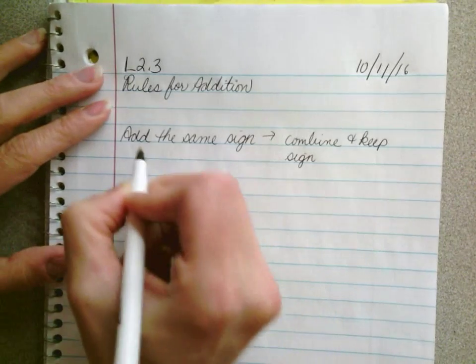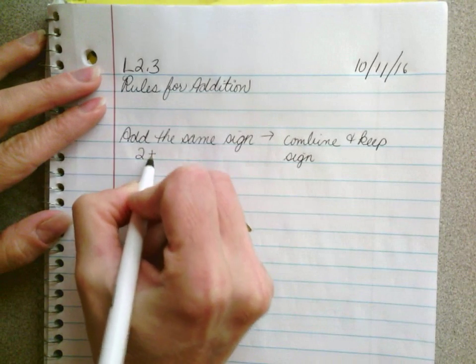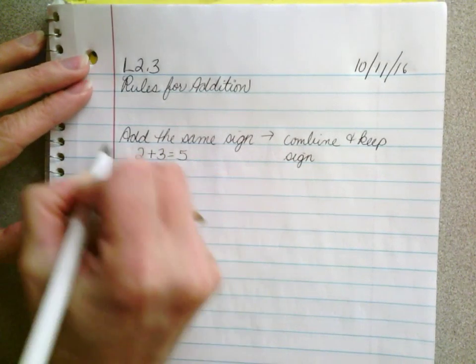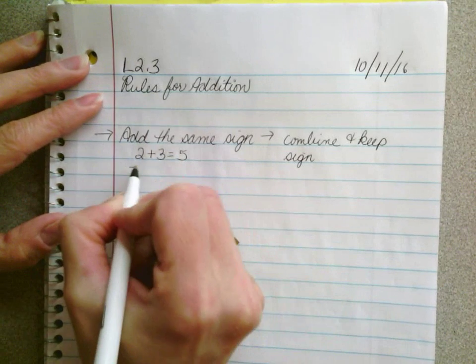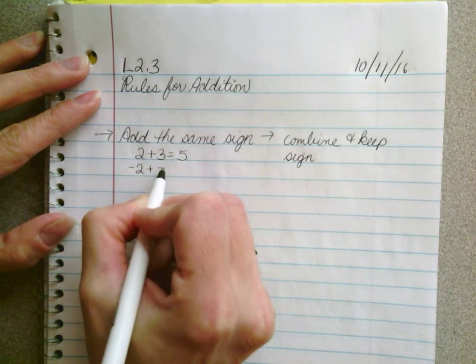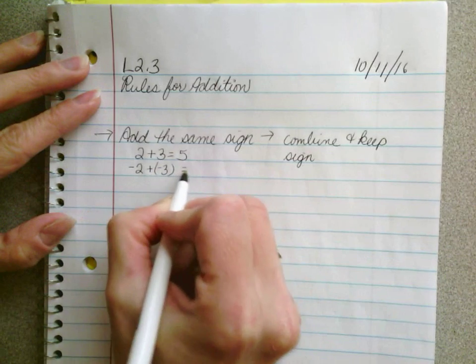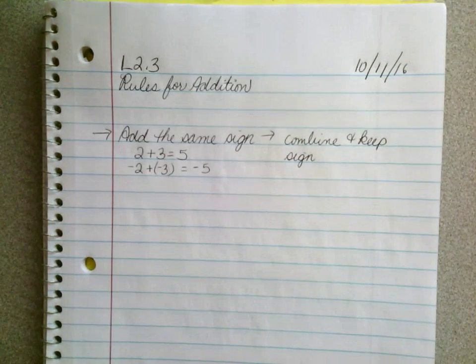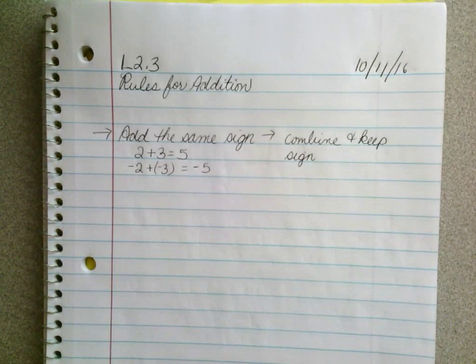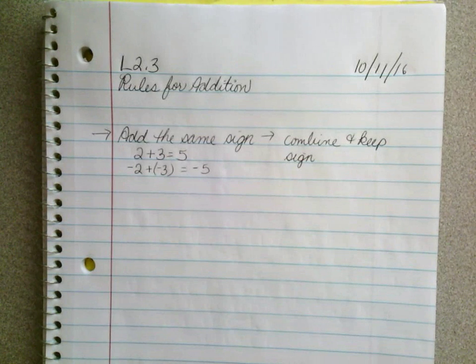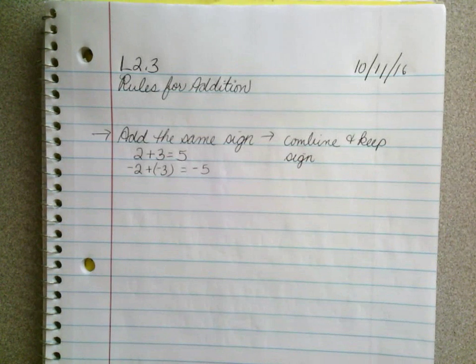So positive 2 plus positive 3 is 5, in the same way as negative 2 plus negative 3 is negative 5. We kept the sign that we had to start with. And that basically summarizes rules 1 and 2.